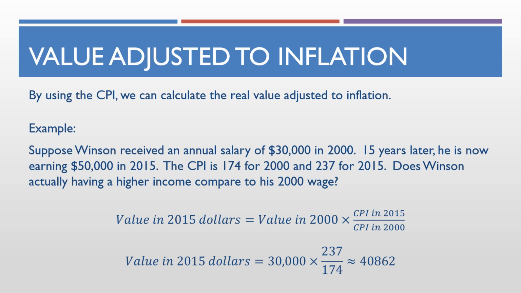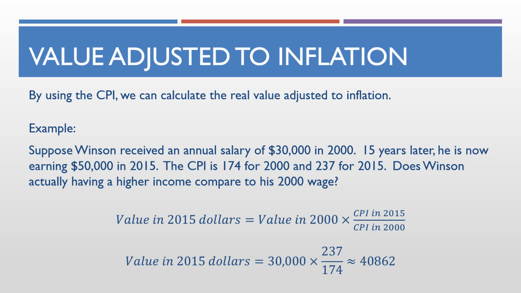That means in 2015, Winston earned $50,000 to spend on goods and services. To buy the same amount of goods and services in the 2000s, it would cost about $40,000, or rather Winston would have a wage of $40,862 worth of goods and services paid in 2000.